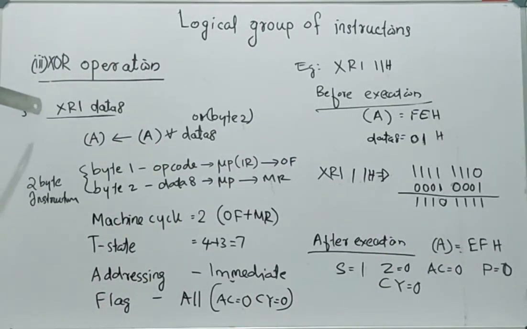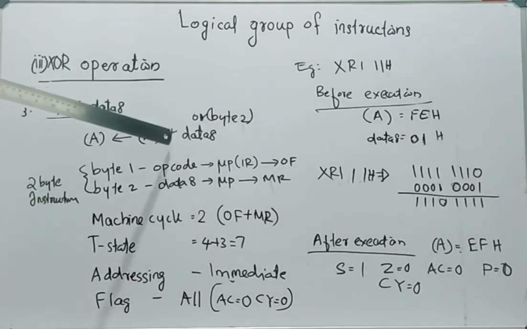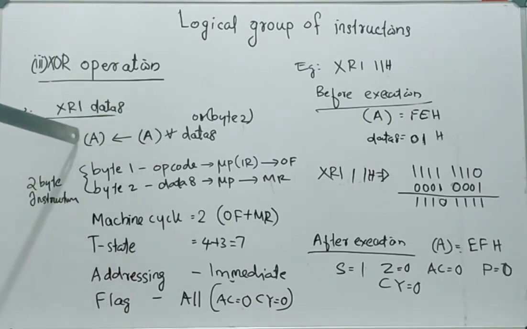The next XOR instruction is XRI data 8. Whenever this instruction is executed, the data which is given in the instruction, that is data 8, or the second byte of the instruction, gets XORed with the content of the accumulator and the result is saved in the accumulator.